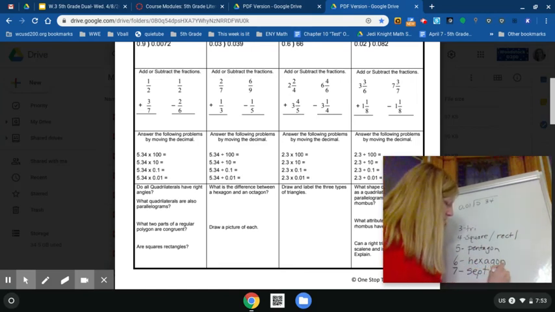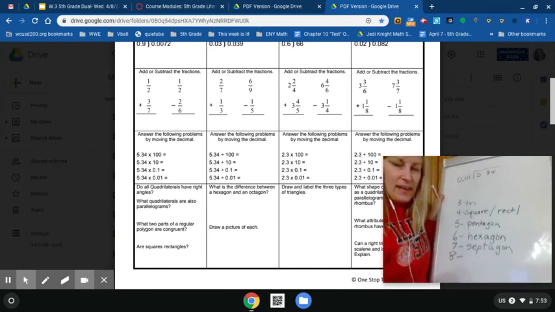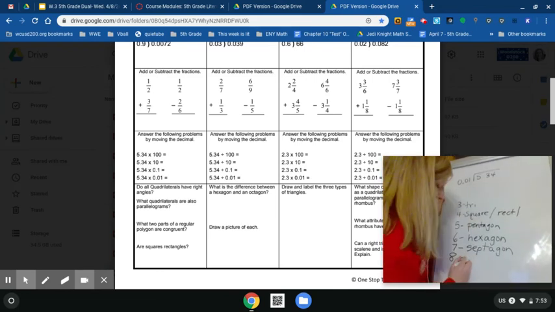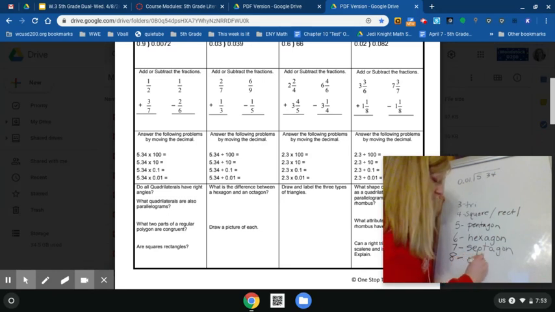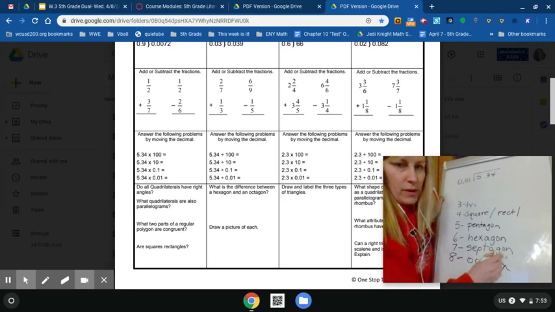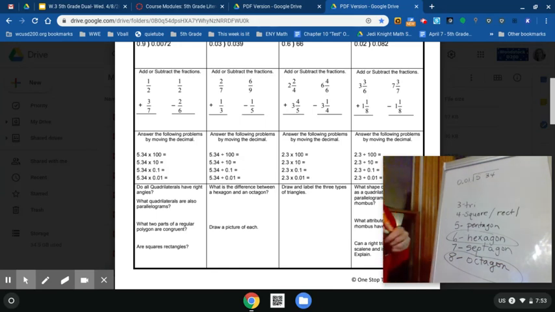Septagon. And an 8-sided shape, think of a stop sign. Octopus, 8 legs. Octagon. So your question was, what's the difference between a hexagon and an octagon? You know it. You can do it.